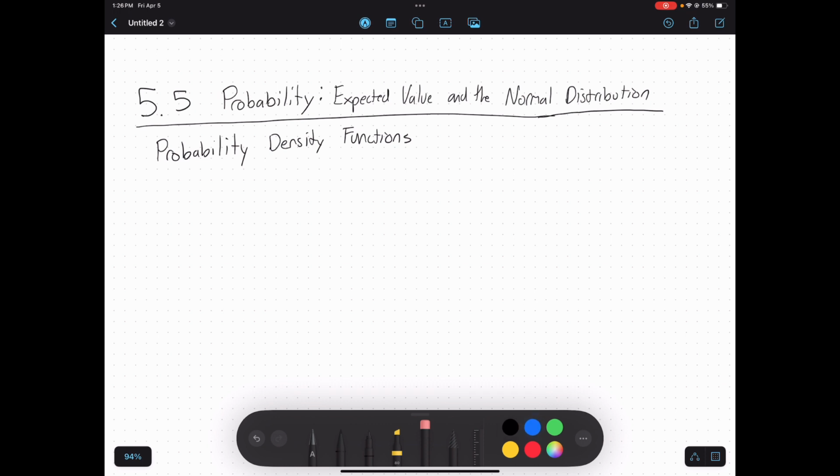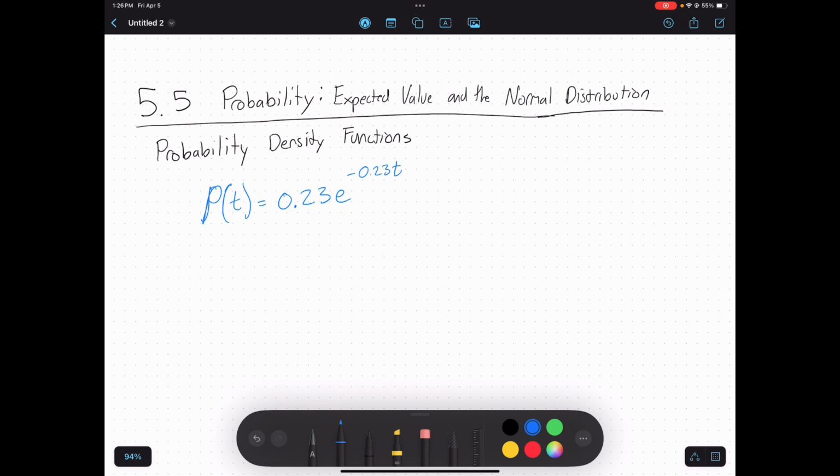So here's an example for you. An example of one is the function, here I'm going to write p of t, because our independent variable in this case is time, p of t equals 0.23 e to the negative 0.23 t.